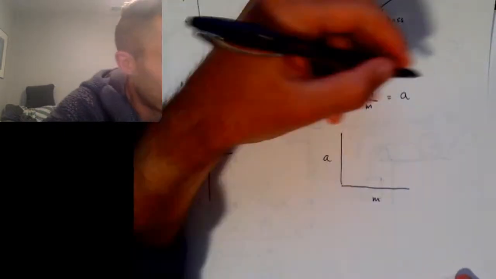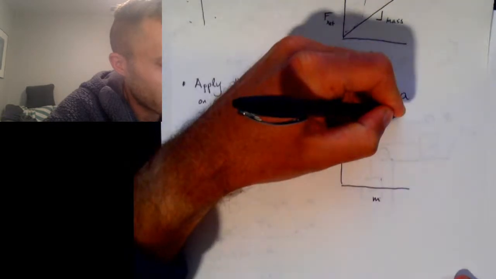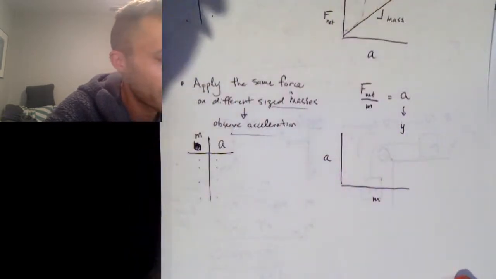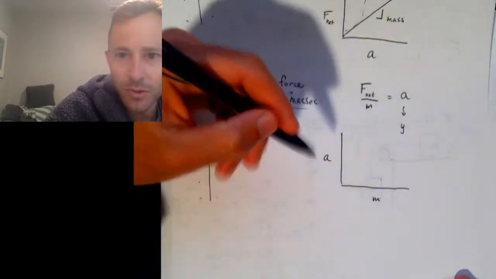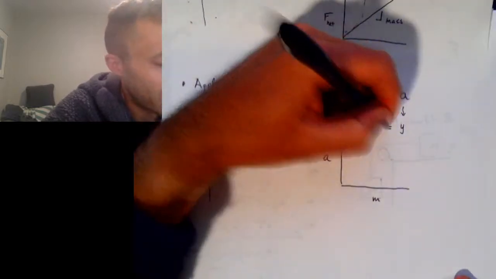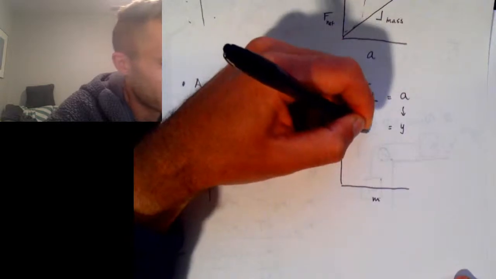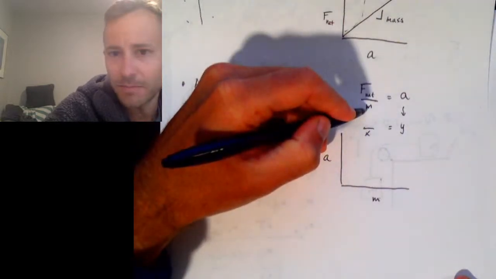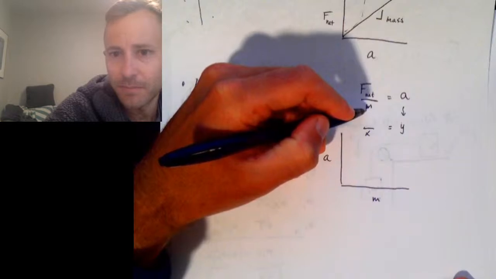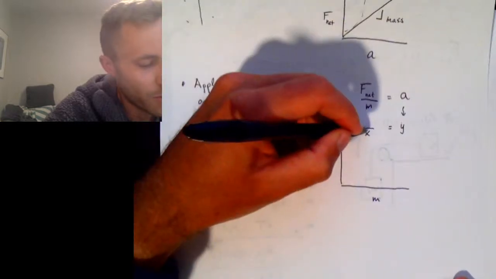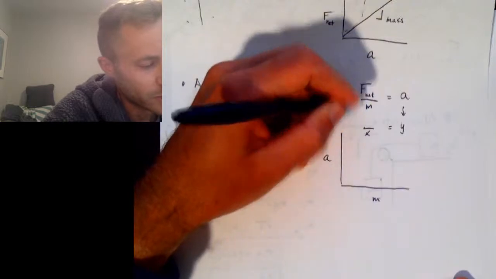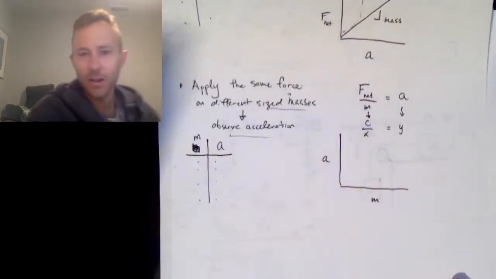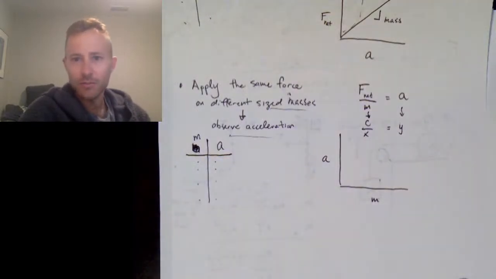So what should this graph look like? Well, we've got acceleration on the vertical axis, so acceleration is acting like y. And then we have m on the horizontal axis, so m is acting like x. But notice how m is in the denominator. Okay, so it's 1 over x. So this graph is basically going to look like y equals a constant over x.